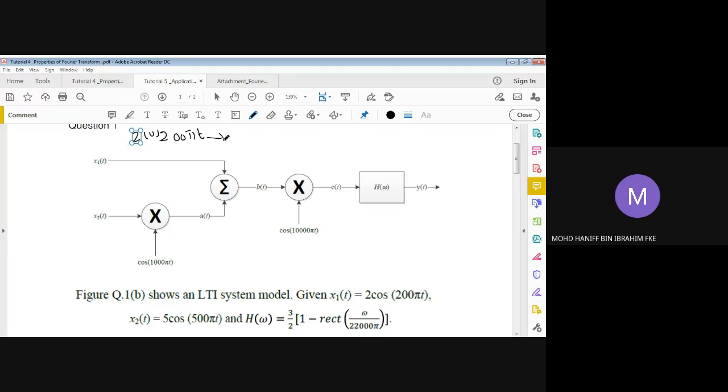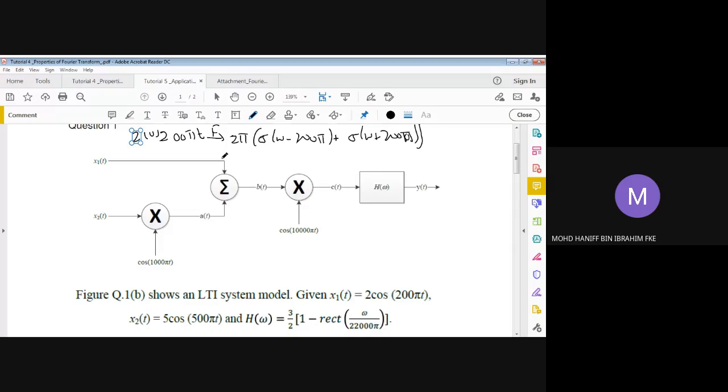So the Fourier transform for this, you can refer to the table. We're going to have 2π[δ(ω − 200π) + δ(ω + 200π)]. Okay, that should be the case.